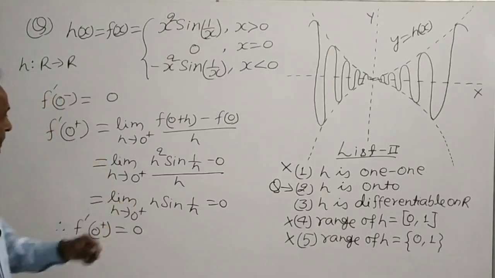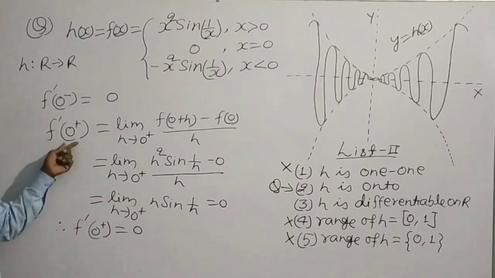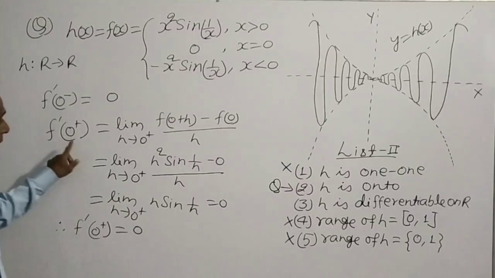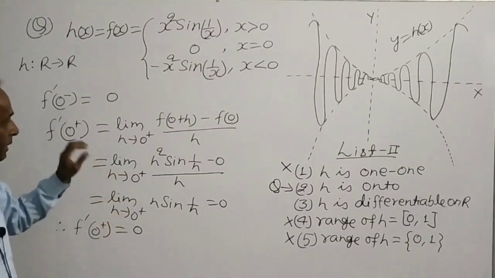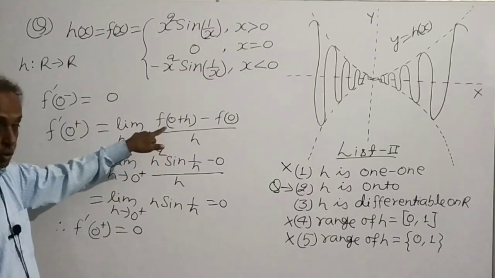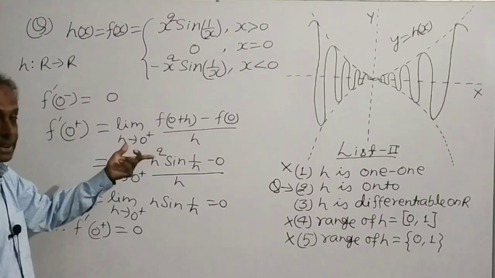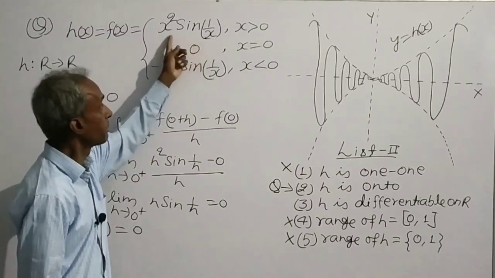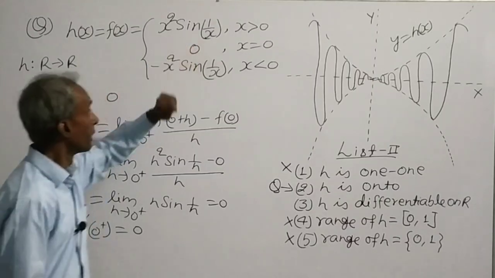Now we will find the right-hand derivative at x equal to 0. Right-hand derivative: x tends to 0 remaining greater than 0. That means the function will be given by this rule.